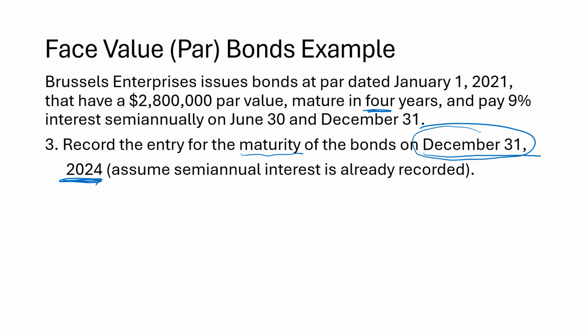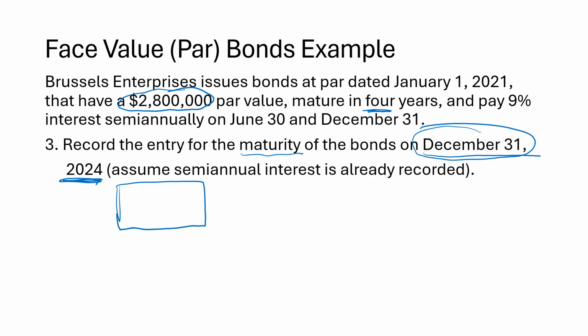Since the contract rate and the market rate are the same, the face value is what was paid. But at maturity, that doesn't necessarily matter, because when you are looking at the bond repayment and the interest calculation, you always look at the actual bond itself.